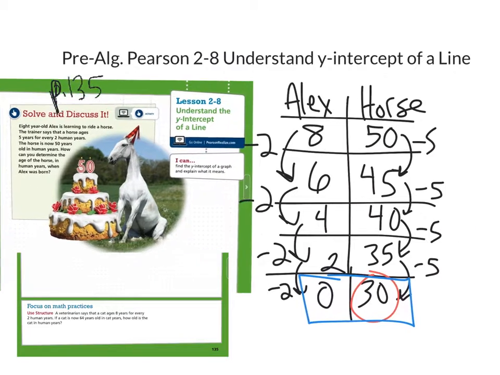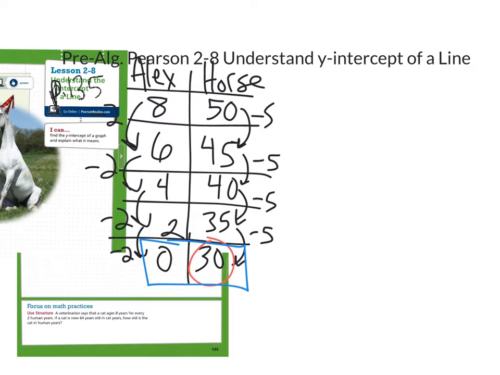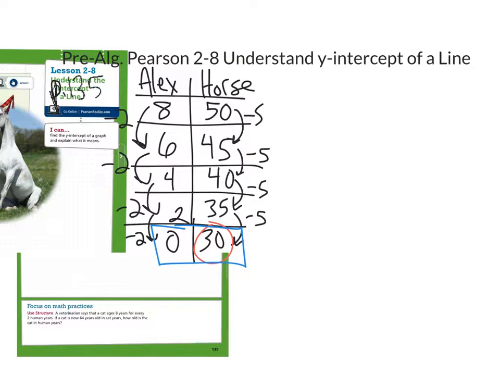There's other ways that we could have come up with the answer to this. One other option would be kind of like what we mentioned before. We could start out with this point (8, 50).